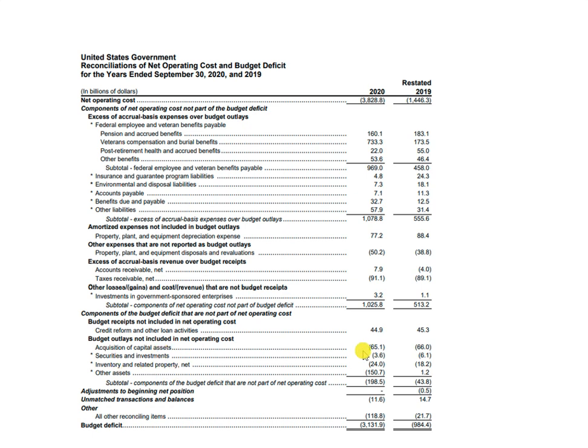So we're going to subtract all these from the net operating cost in order to reconcile with the budget deficit. After everything has been done, of course, there's an unmatched amount that will be reported over here. After everything has been done, we can reconcile the net operating cost with the budget deficit. Okay?